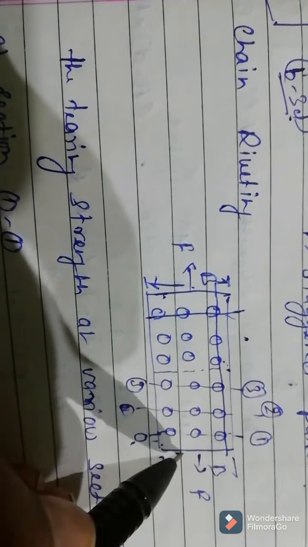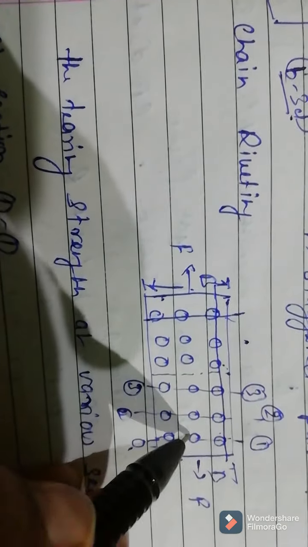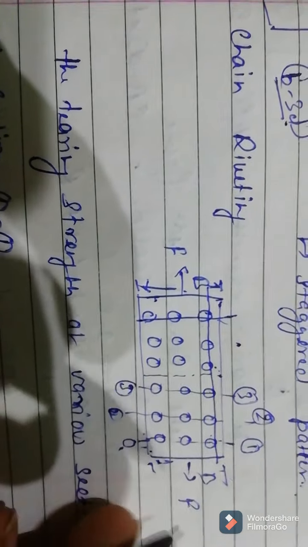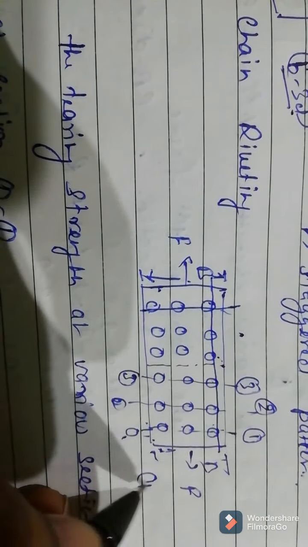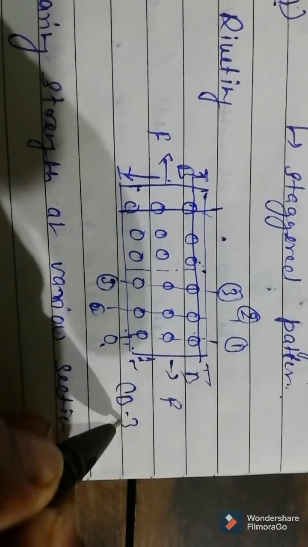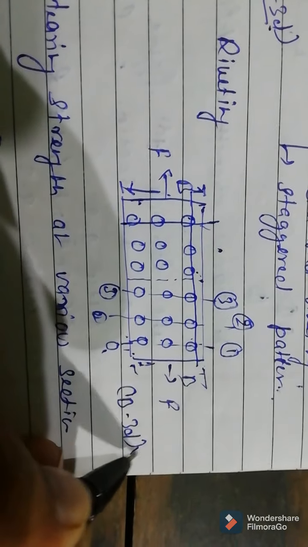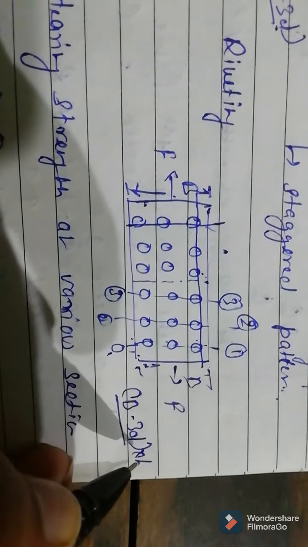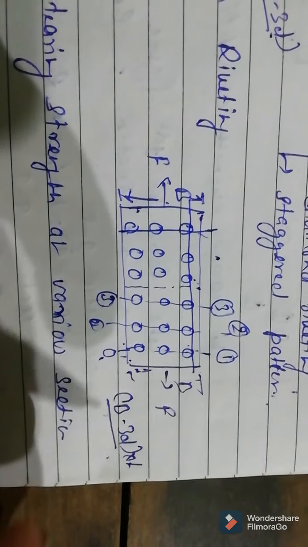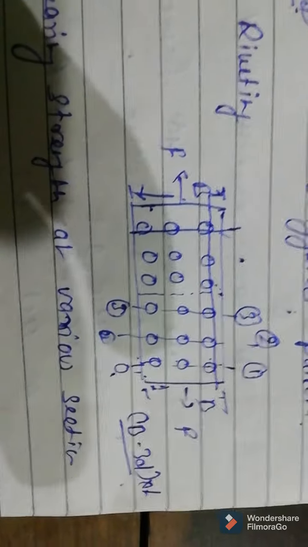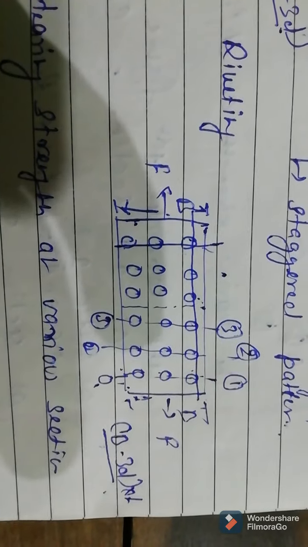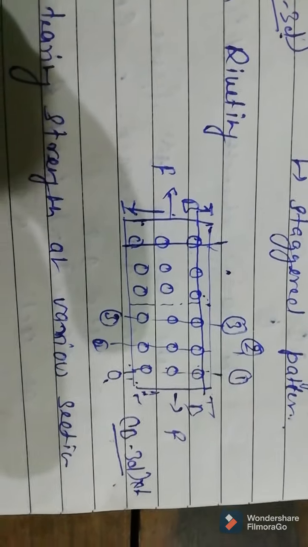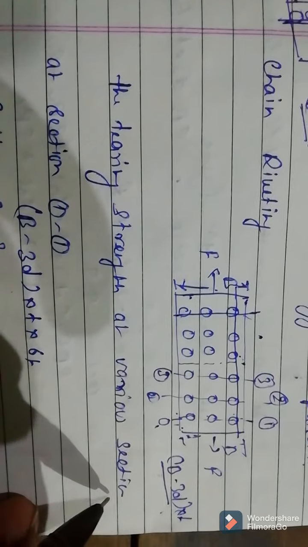If this is your B, and three rivets are applied, the net section equals B minus 3D multiplied by T, that is the net section, multiplied by Ft, the permissible or allowable tearing force on the plate.